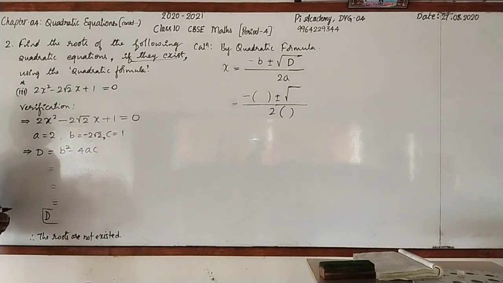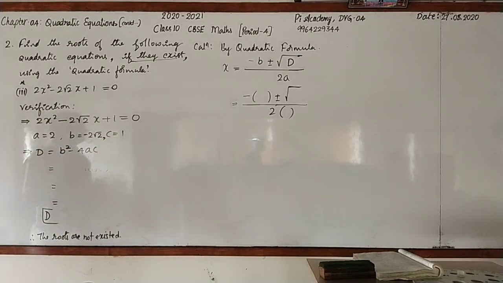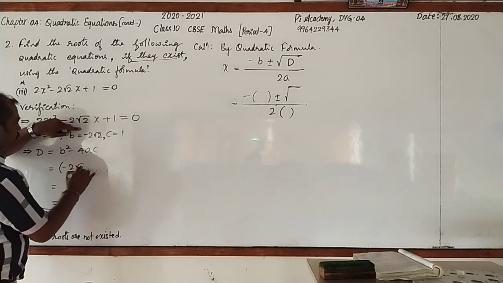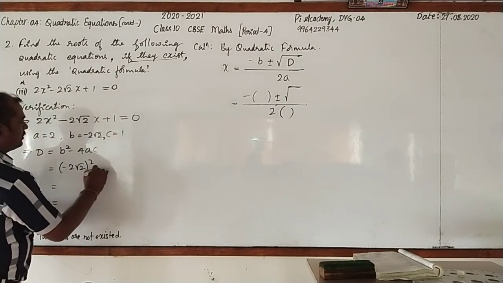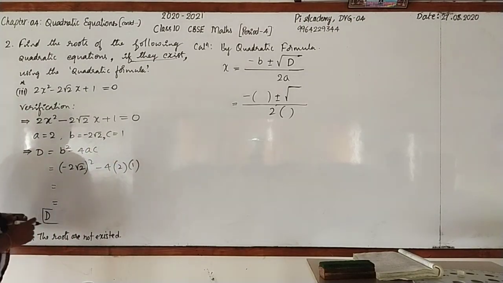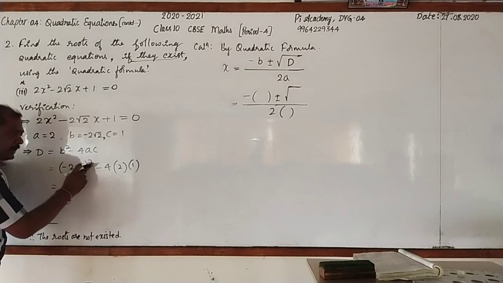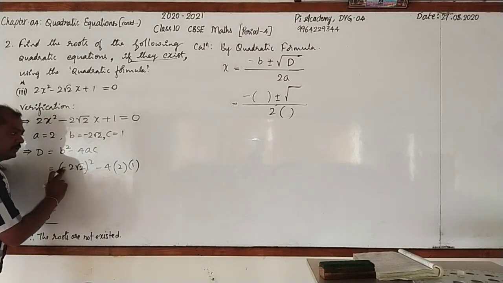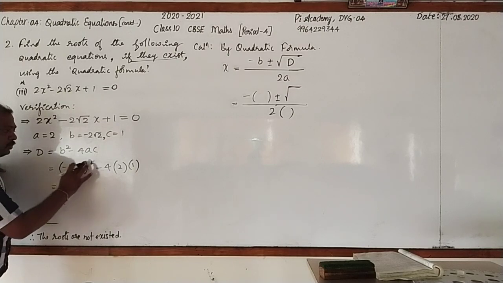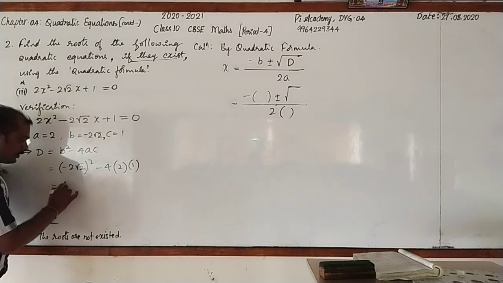Now write the discriminant. D is equal to b square minus 4ac, where b is minus 2 into root 2 whole square, minus 4 into a is 2 and c is 1. Now apply square to both. Minus 1 square is minus plus, it becomes plus 2 whole square 4, right?